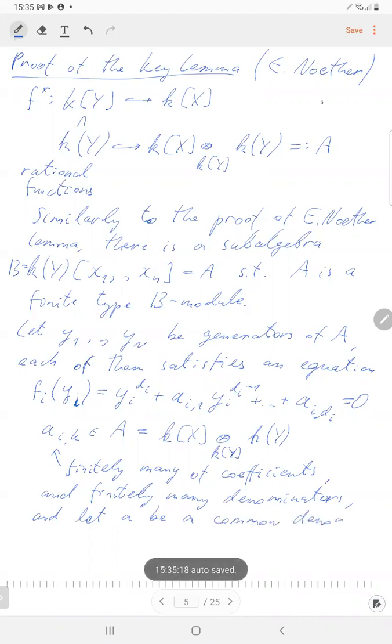Okay. So there are finitely many denominators, and let a be a common denominator. Okay, and then you see that all those coefficients lie, so any a_{ik} lies in the localization of this thing localized with respect to a, and maybe k.